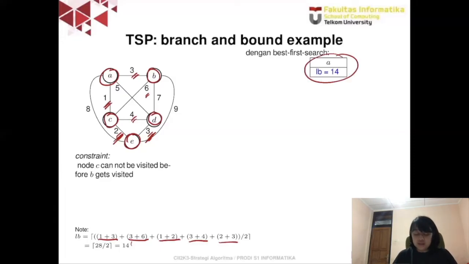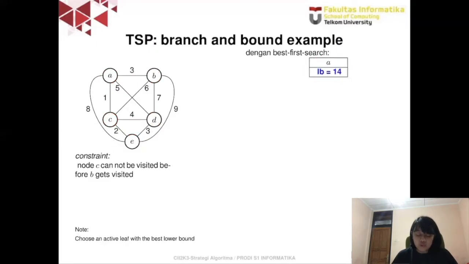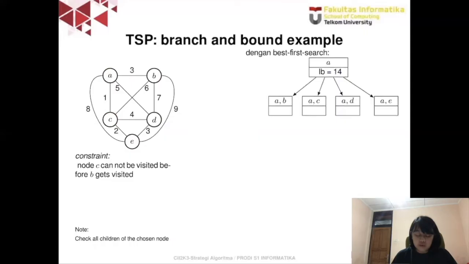We check its children for the next level, where we can go to. Because from A we can go to B, C, D, or E, we have these 4 children. So we need to compute the lower bound for each child. So first, the lower bound for AB.